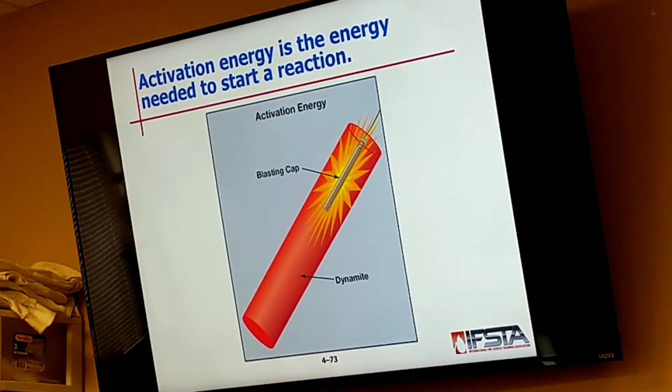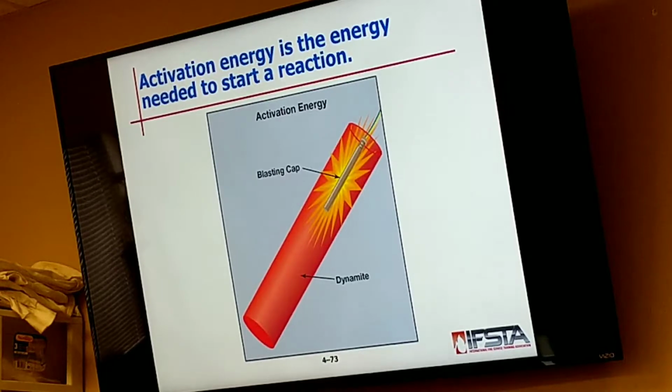All reactions require some energy to get them started. How much energy is needed depends on the particular reaction. Sometimes heat from an external source provides the energy.